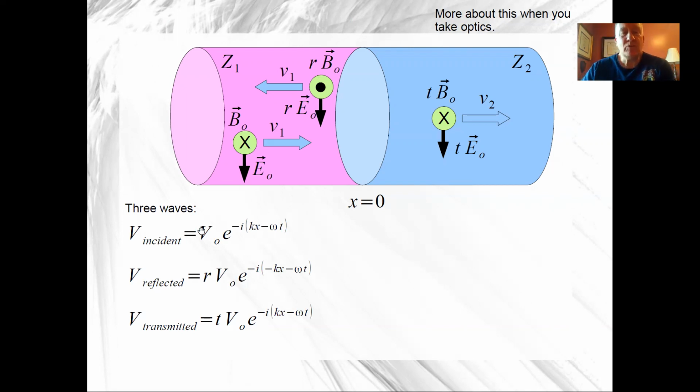The reflected wave will be equal to the incident wave times some factor, R. And the transmitted wave will be equal to the incident wave times some constant T.